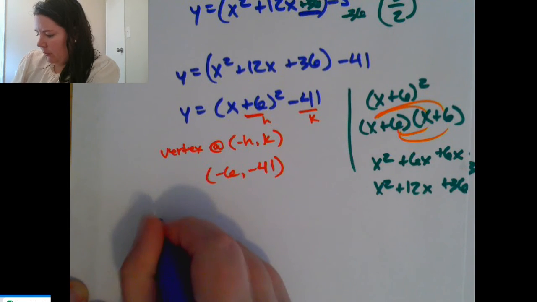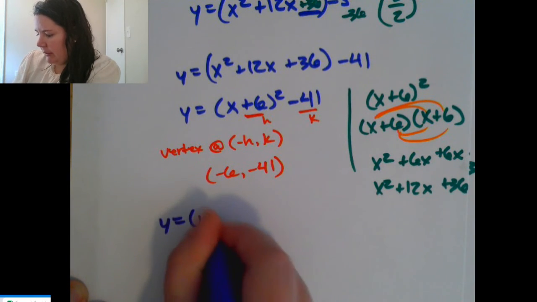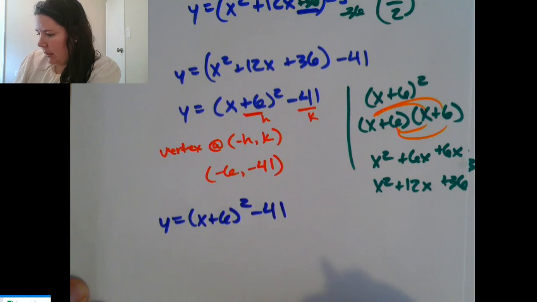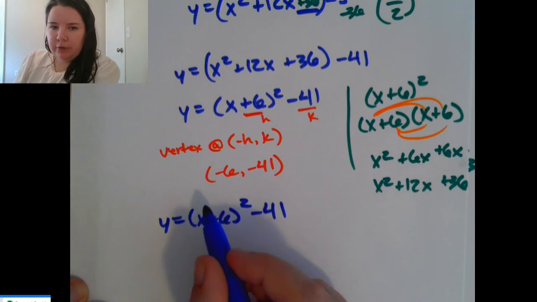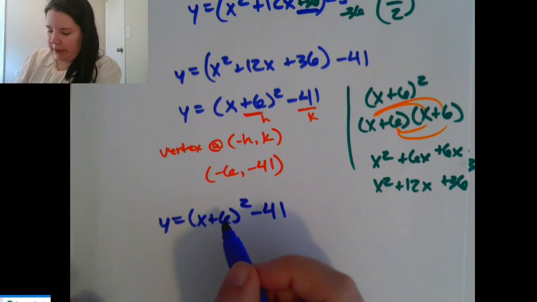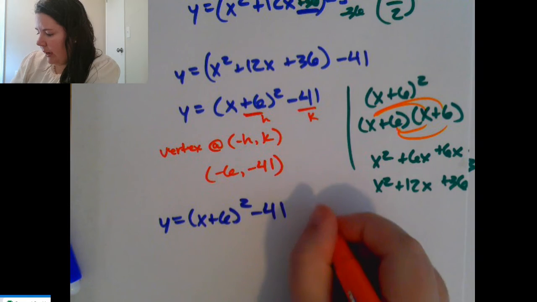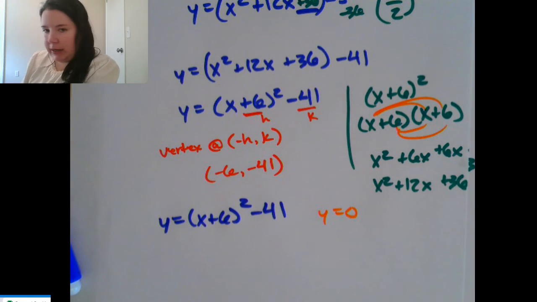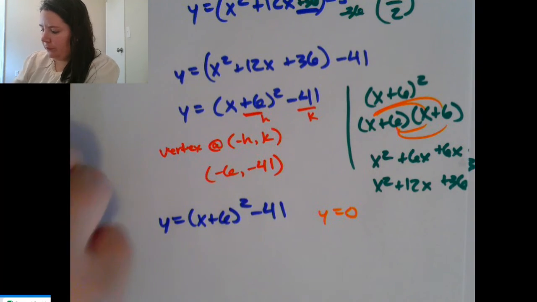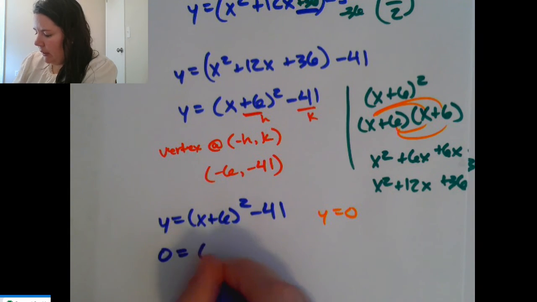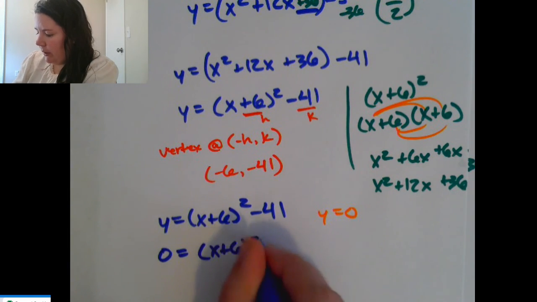So remember, y equals x plus 6 squared minus 41. If we're told to solve for our x-intercepts, that means we're going to use y equals 0. We're just going to set it equal to 0. So 0 equals x plus 6 squared minus 41.